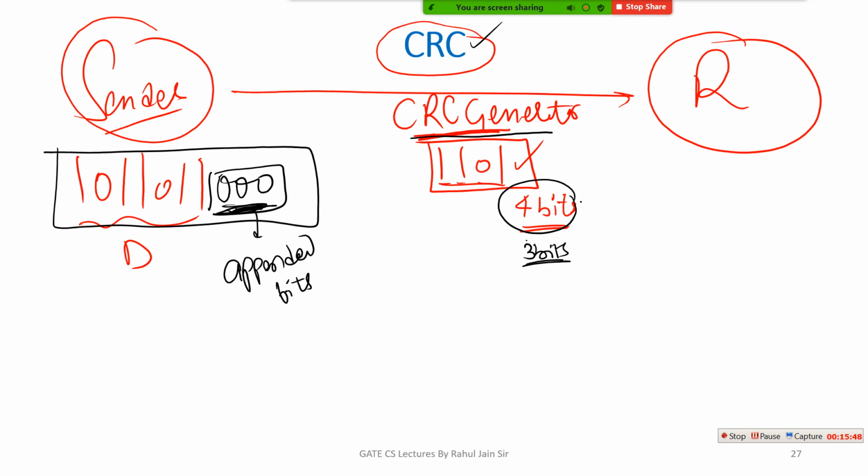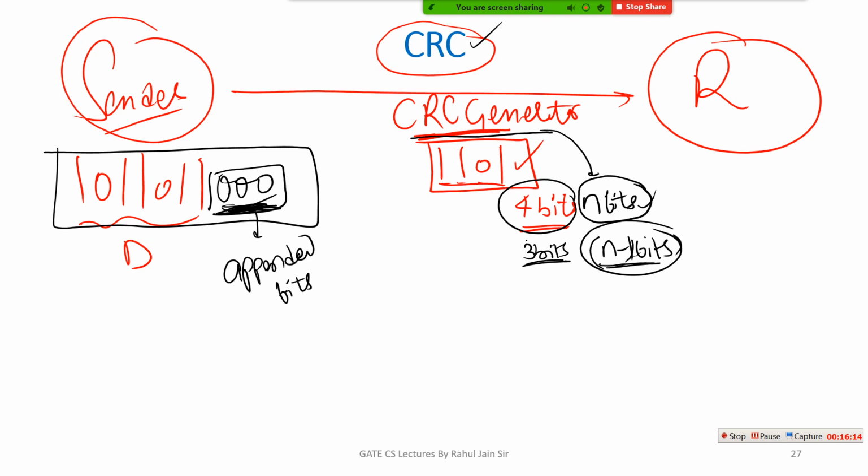Suppose I have n bits in my CRC generator. Then how many zeros will I append on the right hand side of the sender's data? I will add n minus 1 zero bits as appended bits. If I have n bits in the CRC generator, then I will add n minus 1 zero bits as appended bits.